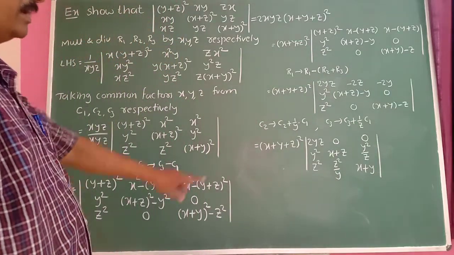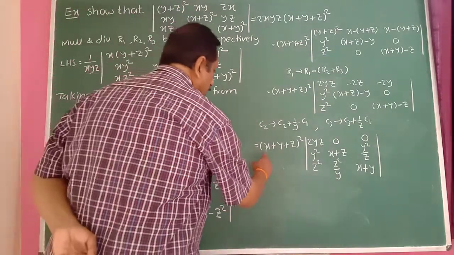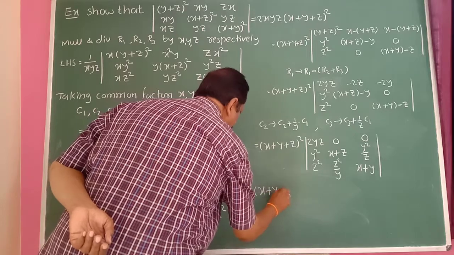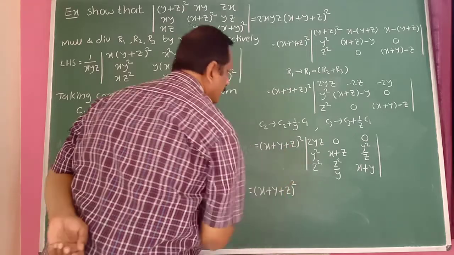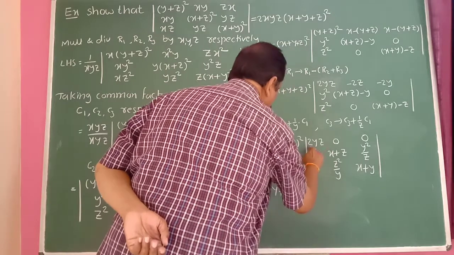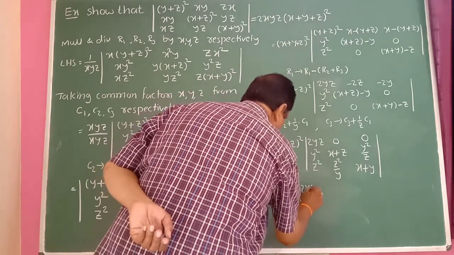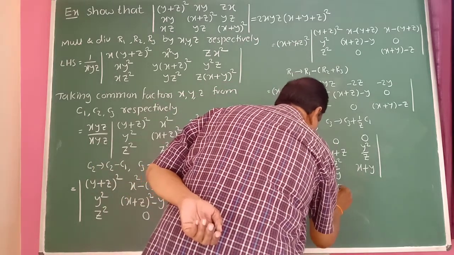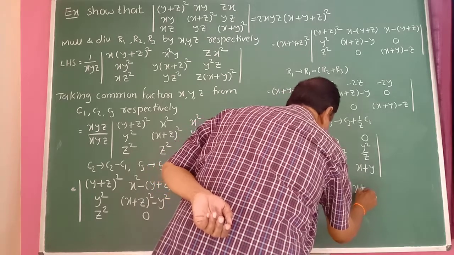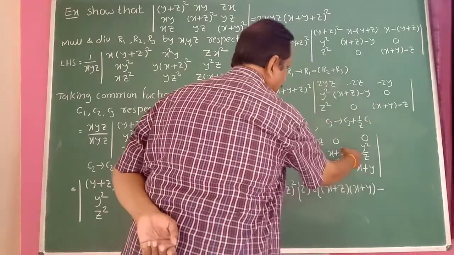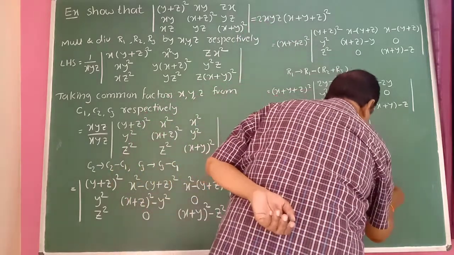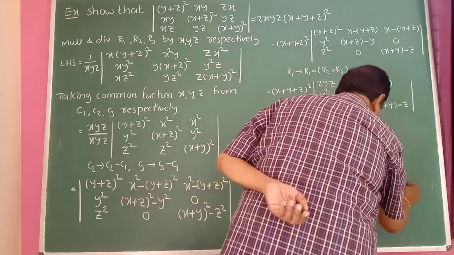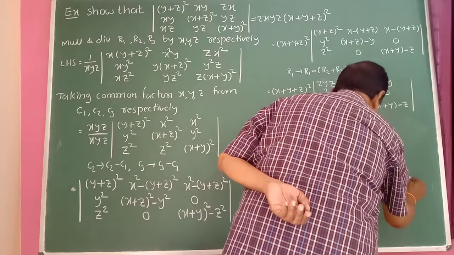Now you expand that determinant. So (x plus y plus z) whole square keep as it is, into bracket 2yz into x plus z into x plus y, minus this term into this term, y square upon z into z square upon y, z square divided by y.